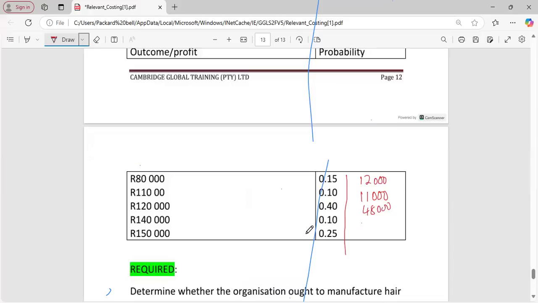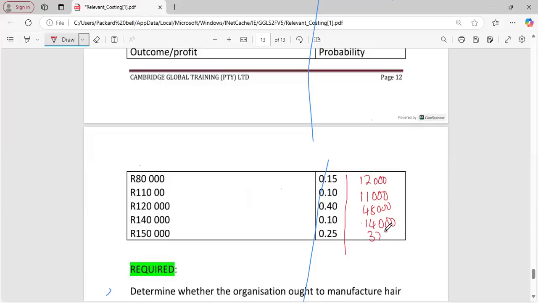Then this one, 14,000. Then the last one there, 37,500.